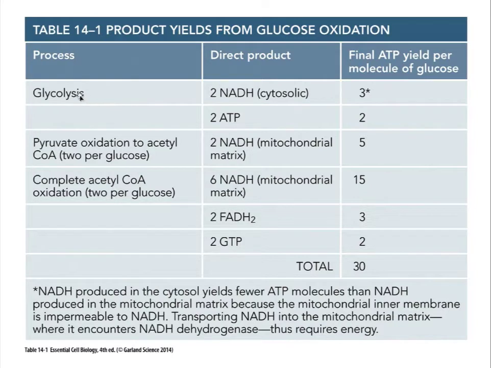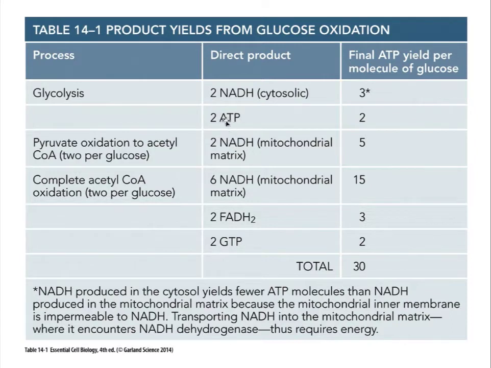Glycolysis, the breakdown of glucose to pyruvate, produces 2 NADHs and 2 ATPs. Now, those result in the formation of 3 ATP molecules and 2 ATP molecules. These are made not by this ATP synthase, but directly by substrate level phosphorylation.